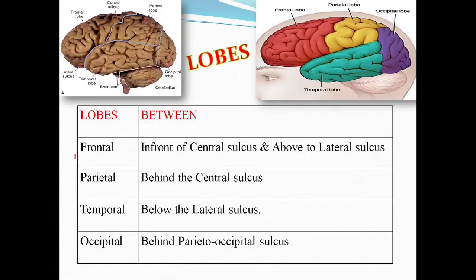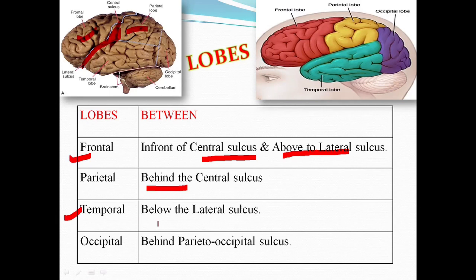After learning the sulci, we will look at the different lobes. These sulci have differentiated the frontal lobe, which is in front of the central sulcus and above the lateral sulcus. I'm going to call that the frontal lobe. Behind the central sulcus, you are going to call it the parietal lobe.